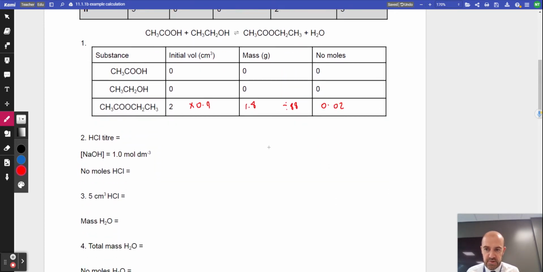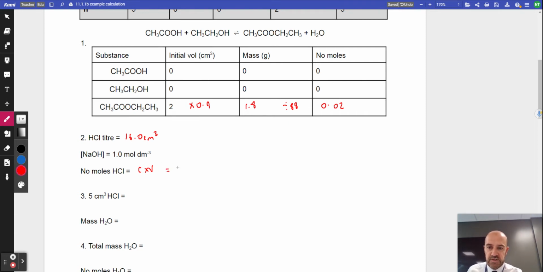Question 2 is asking us to look at the titer value for the second titration, the HCl, and looking at the results that we had for this particular example, it was 16 centimeters cubed. The concentration of sodium hydroxide is 1, so the number of moles is going to be the concentration times the volume in decimeters cubed.